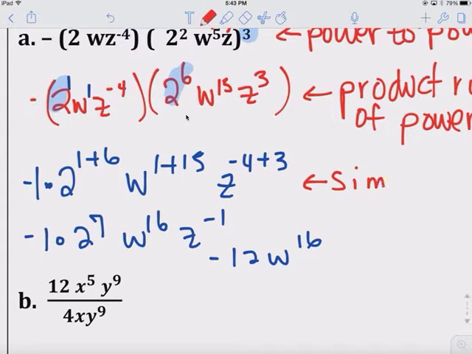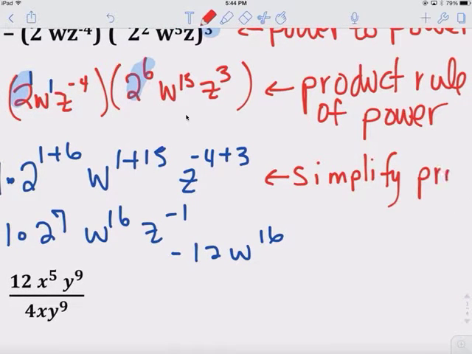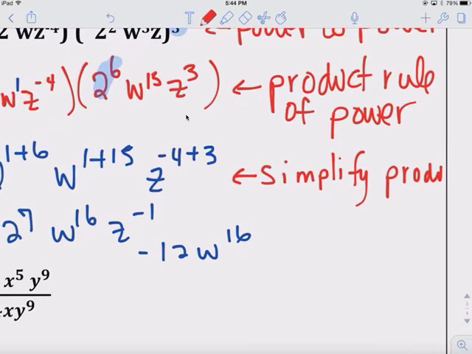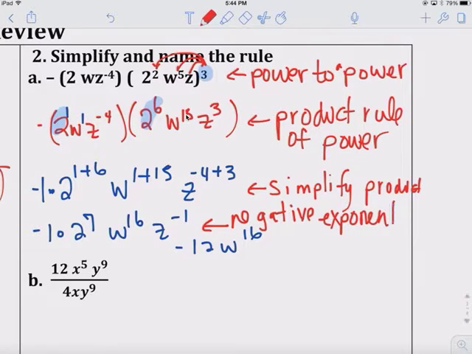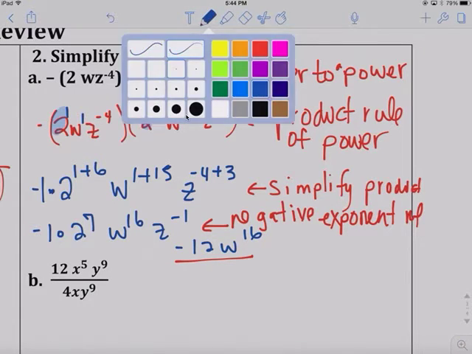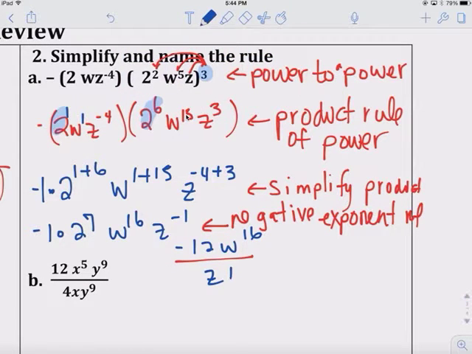Simplify product. And the last step is the negative exponent rule. Z to the first. Alrighty. Oh, 128. Look, I wrote it wrong. That's your answer.